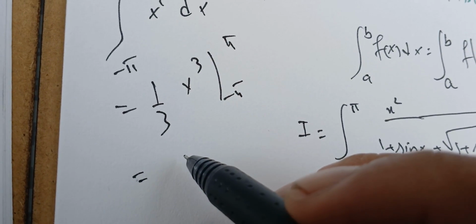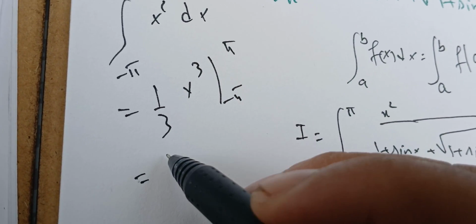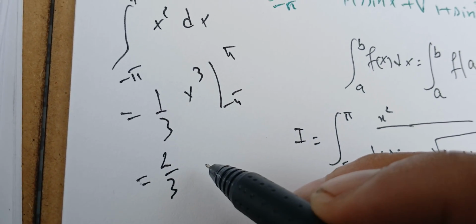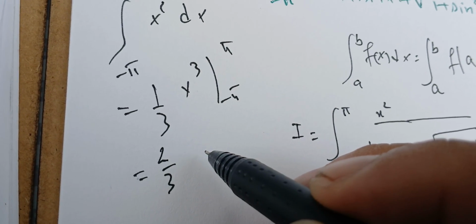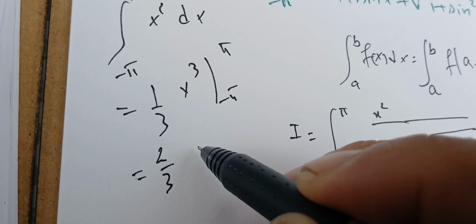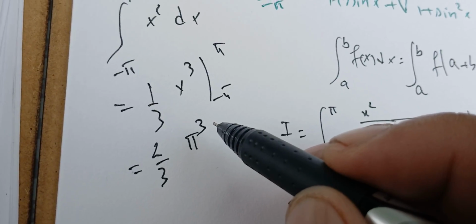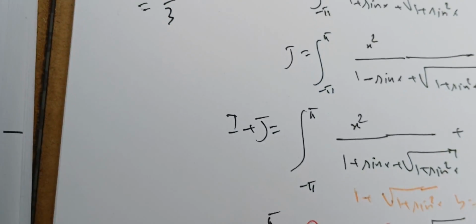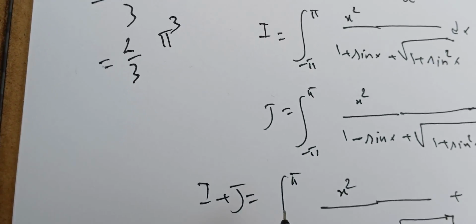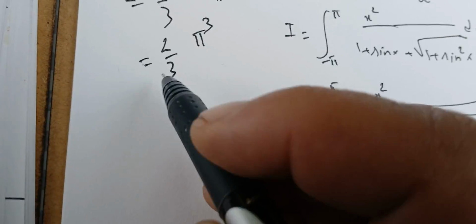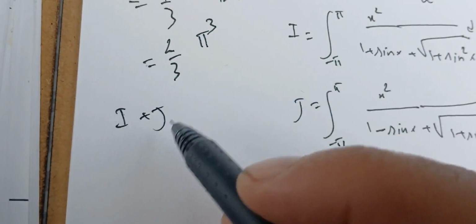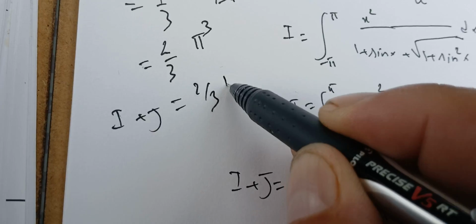Once I do that, I'm going to have 2 over 3 pi cubed. This is I plus J, so I plus J equals 2 over 3 pi cubed.